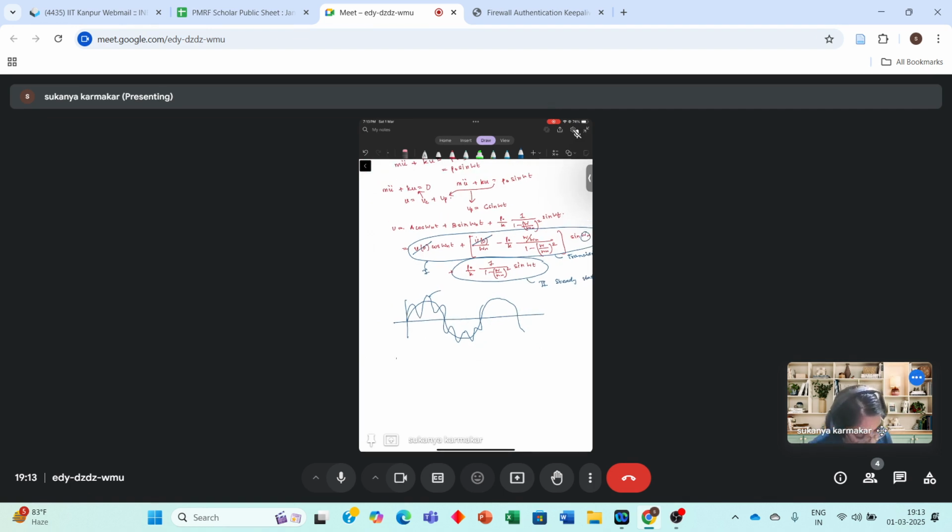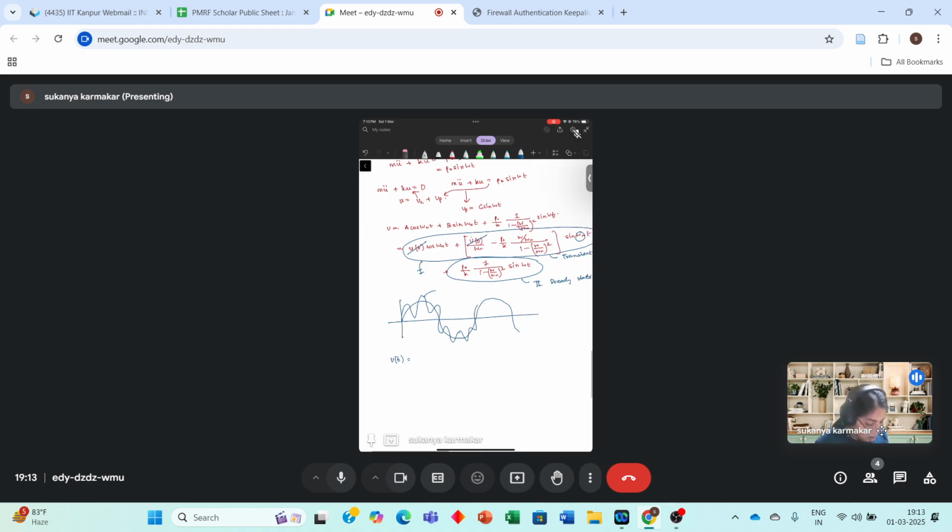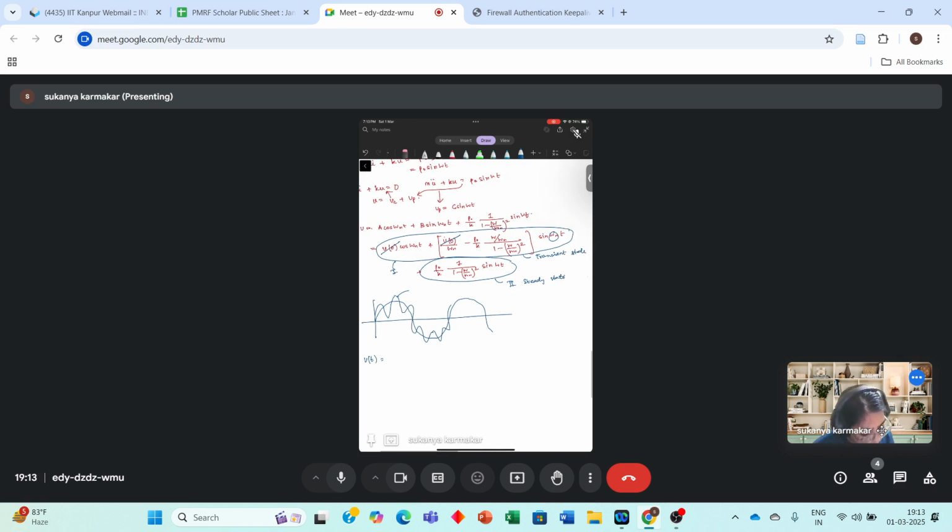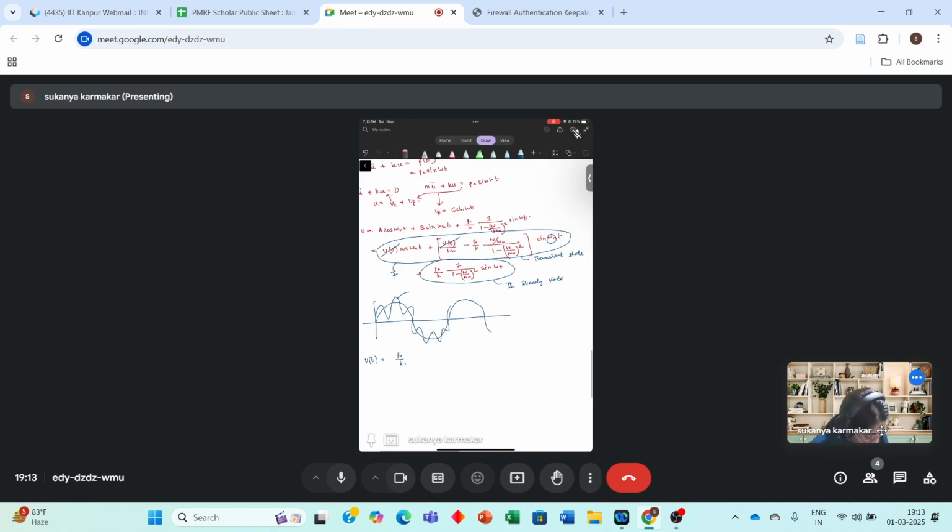So here u of t, which we were studying, can be written as, let's say the initial conditions are 0, p naught by k, 1 by 1 minus omega by omega n whole square, then you will have sine omega t minus omega by omega n sine of omega n t, right?